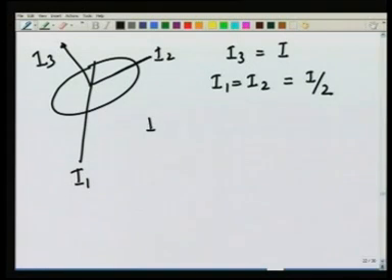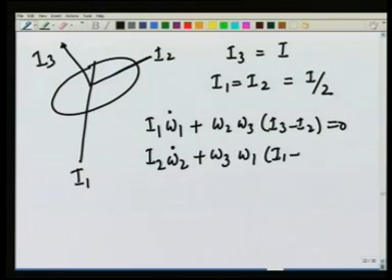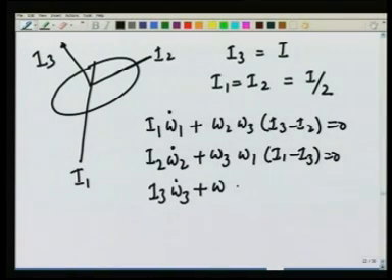Since this is again torque free motion about the center of mass, the equations would be I1 omega 1 dot plus omega 2 omega 3 (I3 minus I2) is equal to 0, I2 omega 2 dot plus omega 3 omega 1 (I1 minus I3) is equal to 0, and I3 omega 3 dot plus omega 1 omega 2 (I2 minus I1) is equal to 0.